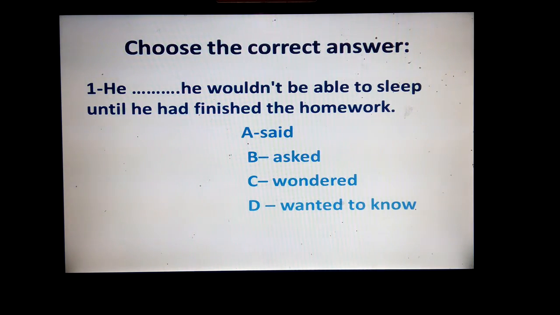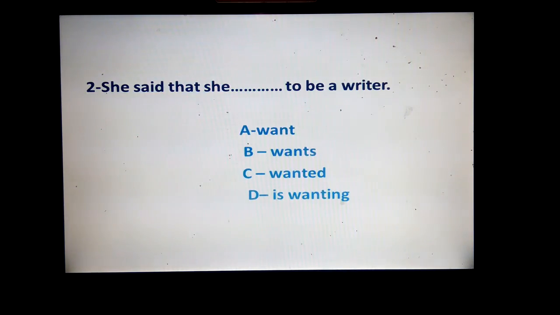Try to think of the answer before the solution appears on the screen. Number 1: said. Number 2: she said that she blank to be a writer. Wanted.